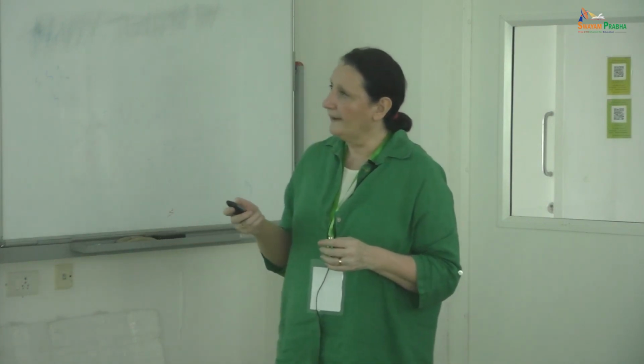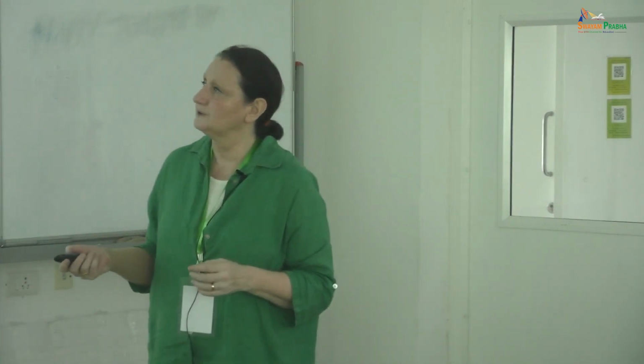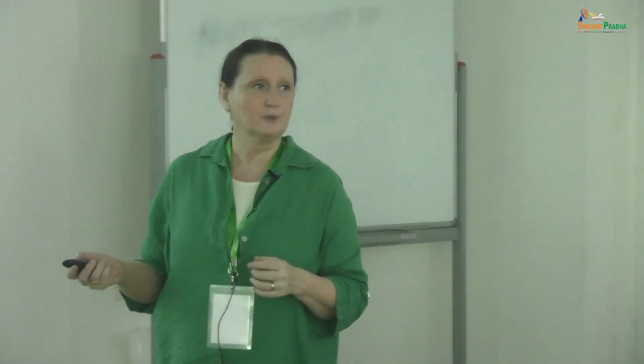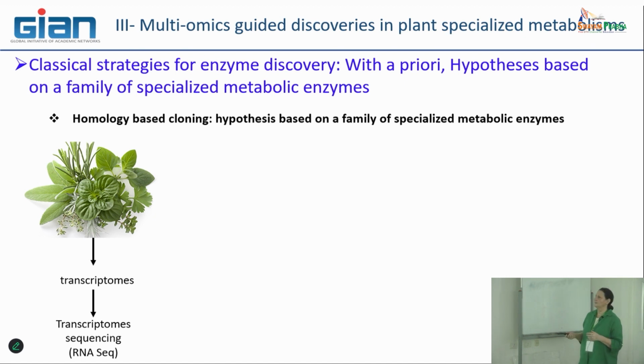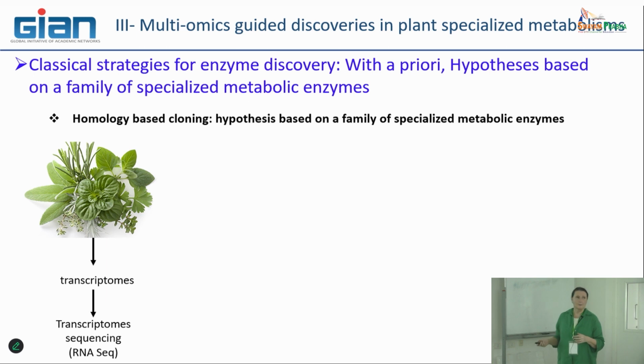A second way, also based on the use of a transcriptome, is homology-based cloning. It means that when you have different medicinal plants, you can extract the transcriptome, and after, by several techniques, you can sequence all the transcriptomes. So you have this information at this moment.